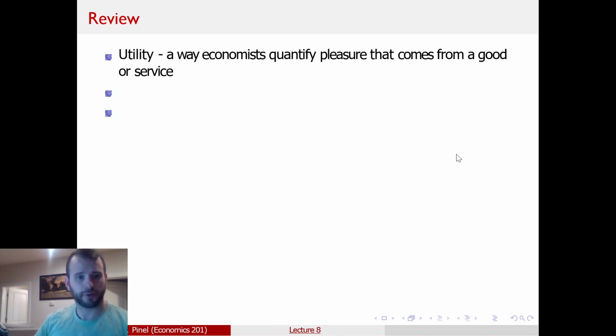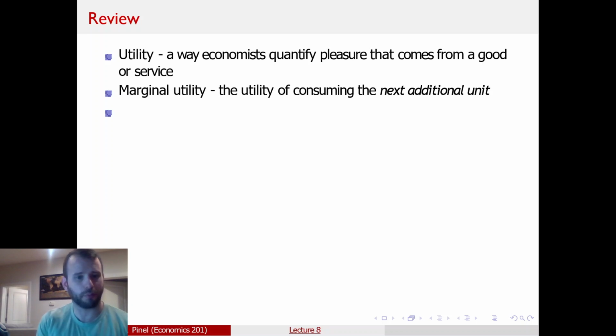Okay, and then from utility comes the second concept, and that's called marginal utility. And really all marginal utility is, it's the utility that you get from consuming the next additional unit. So remember how I gave you different utilities for beer? I said the first beer might give you a utility of, let's say, 2.